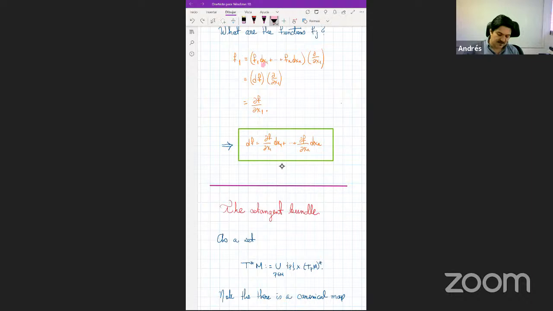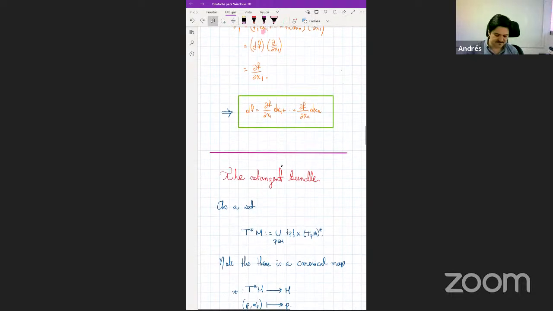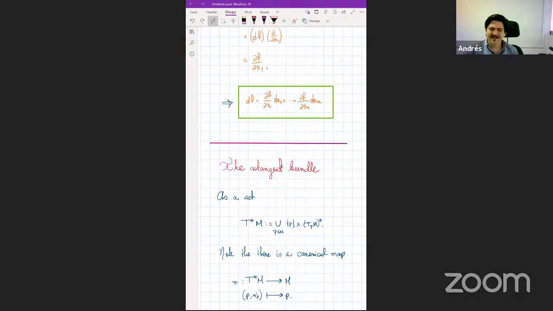And from the definition of the set, we have the canonical map to M, the projection. And just to not have new notation every time, I will use the same letter as before, pi. Okay?